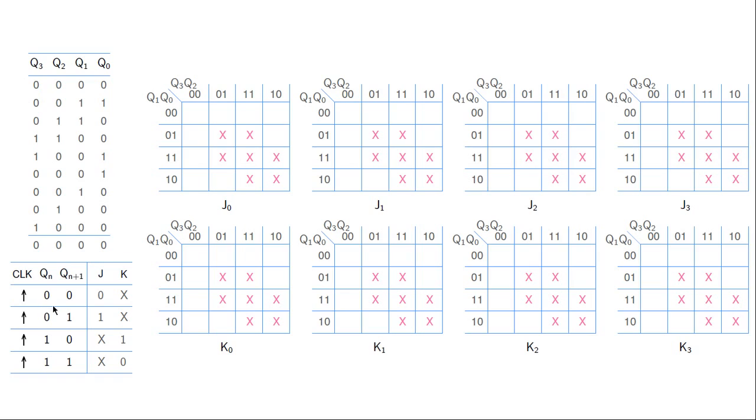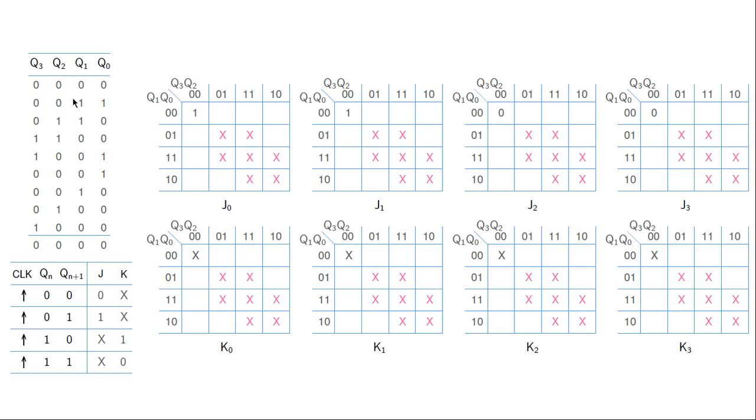That brings us here, and that gives us J equal to 0, K equal to X. So for J3 and K3, we must have J equal to 0 and K equal to X. And the same thing is true also about J2 and K2 because Q2 also goes through the same transition.